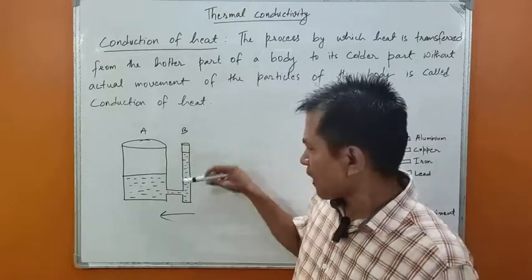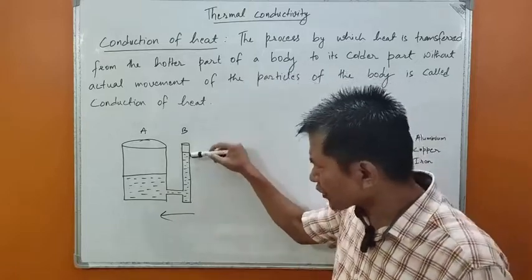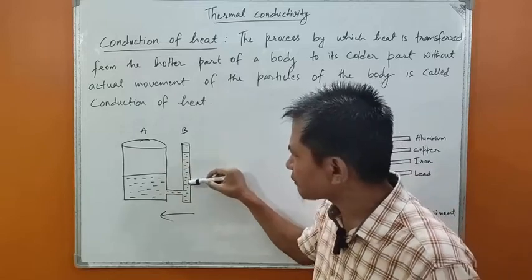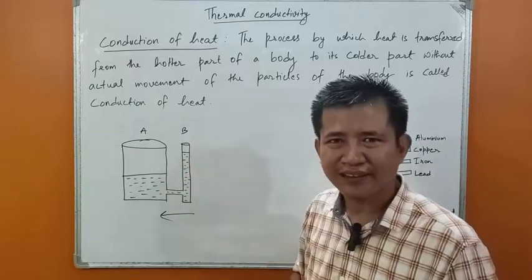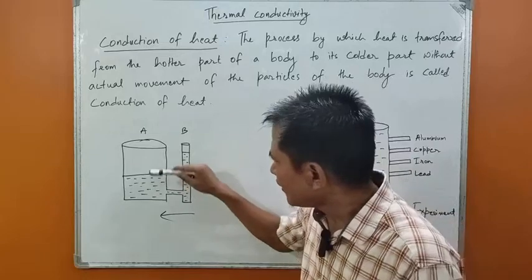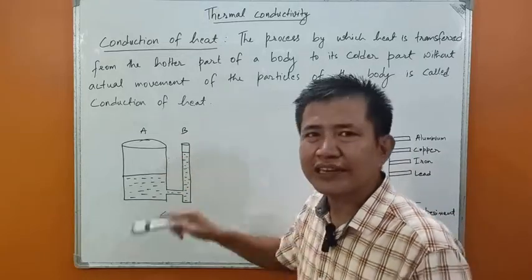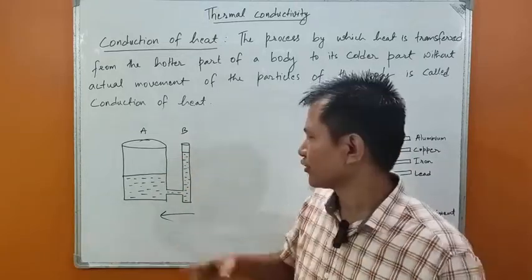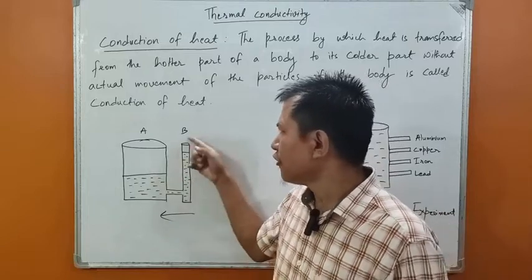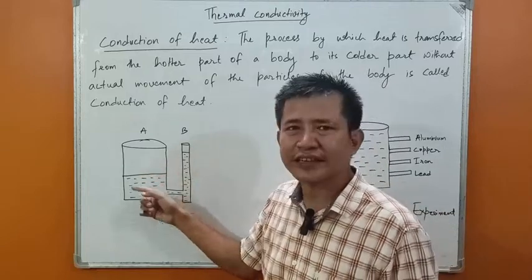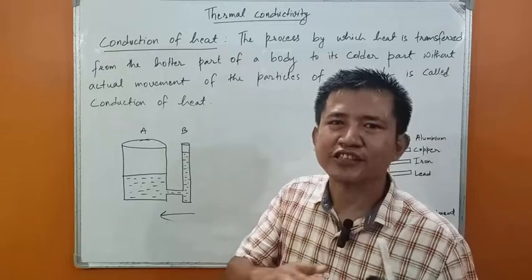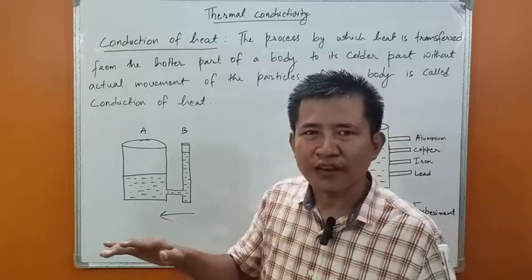The water will continue to flow from cylinder B towards cylinder A until both the cylinders attain equal level.